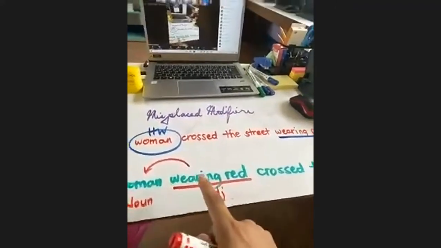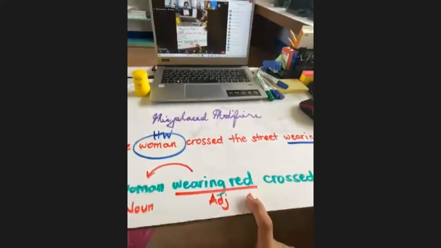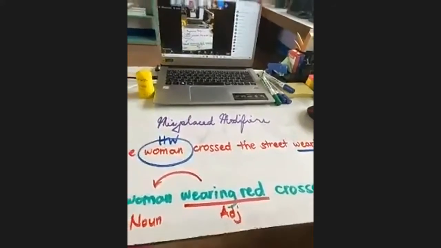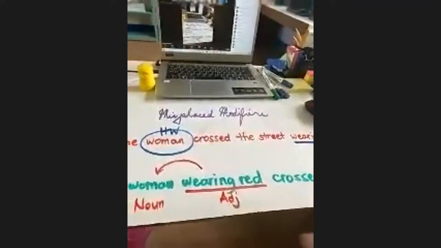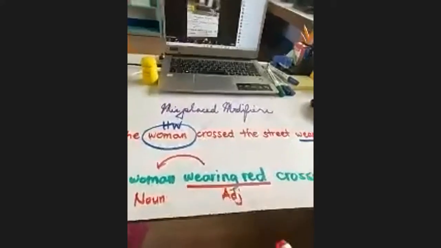If this one is available, choose this as an answer. If this one is not provided, you choose wearing red, the woman crossed the street, if the exam is in multiple choice form. But if you were given the chance to rewrite it by yourselves, then follow this structure where the modifier is really close to the word that it is trying to modify.